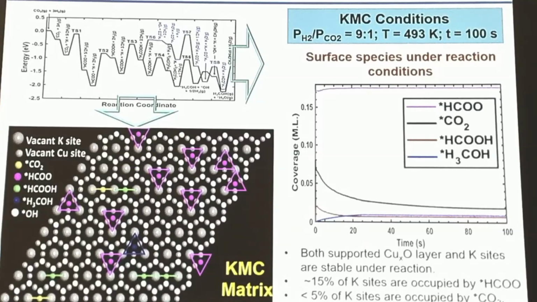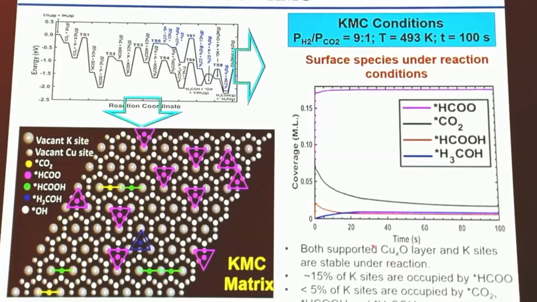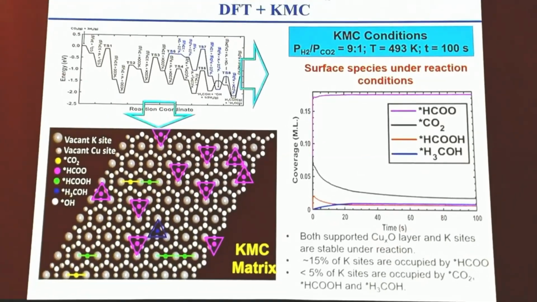Again, we combine the DFT with a KMC study under typical experimental conditions. And we develop a KMC model. We try to formulate the DFT calculated structure. So one of the things we find is that because of the potassium decoration, you are actually able to stabilize the copper oxide much better than the case without it.